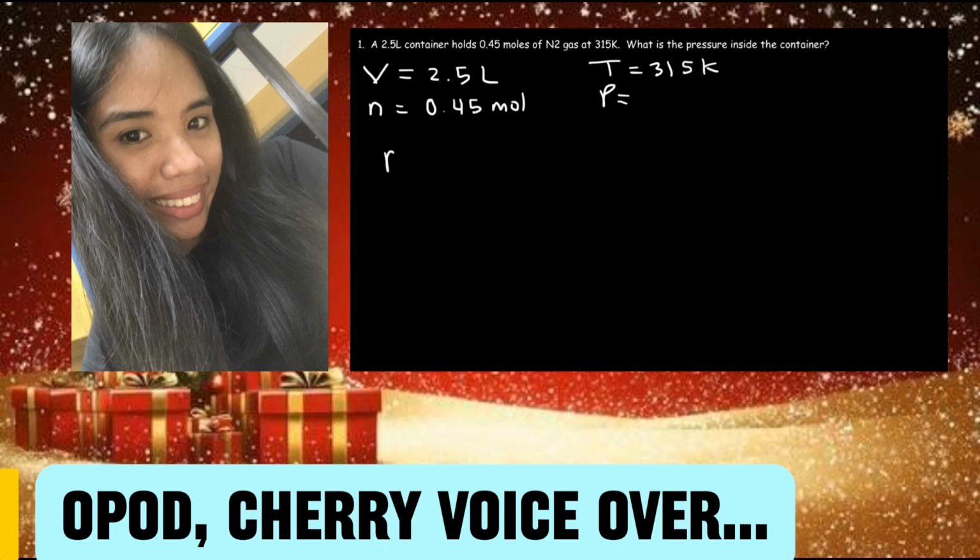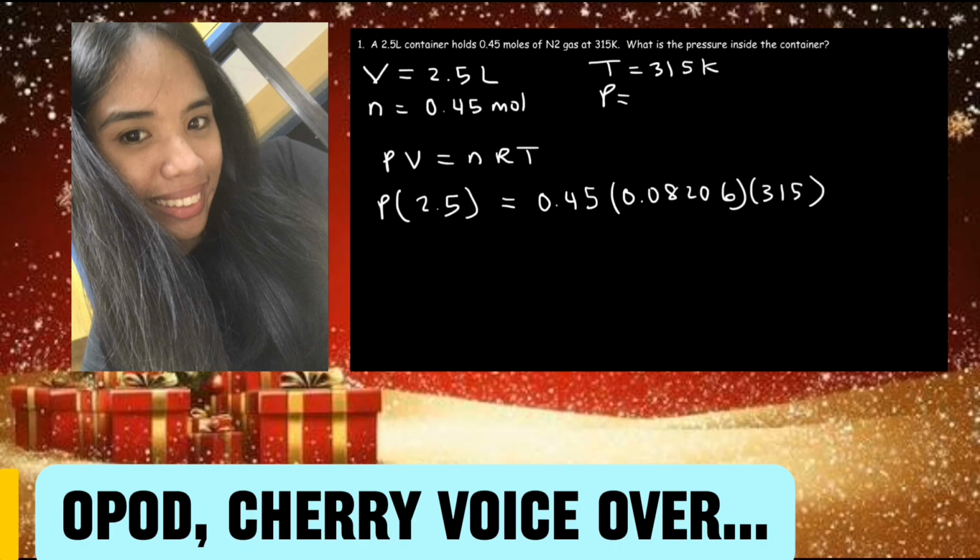So we could simply use this formula, PV is equal to nRT. Our goal is to calculate P. V is, actually, no, V is 2.5. N is 0.45. And R is 0.08206. And the temperature is 315. So let's multiply 0.45 times 0.08206 times 315.